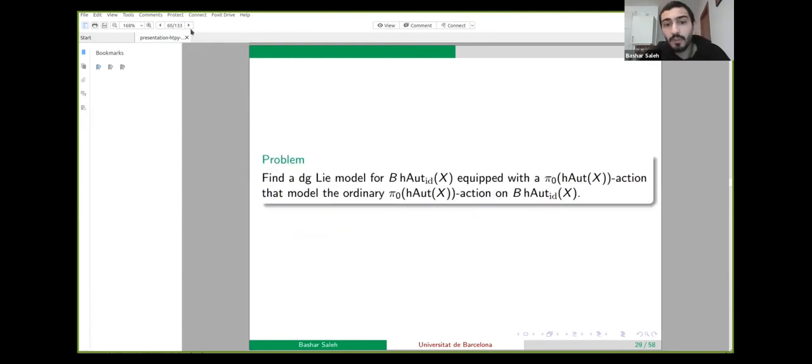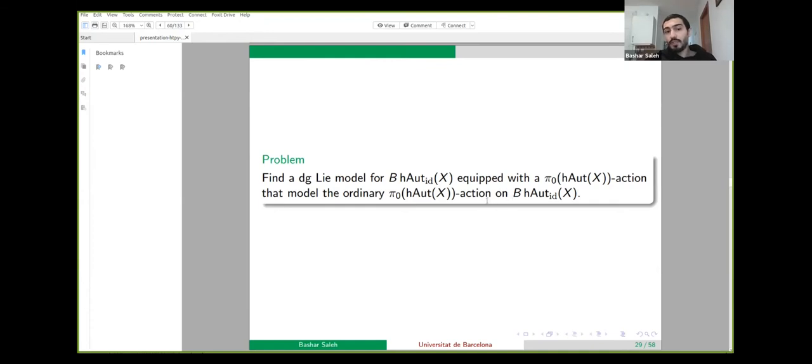So an open problem is to find a DGL model for the universal cover of the classifying space of the homotopy automorphisms of X, equipped with an action of the group of components of the homotopy automorphisms of X, which models the ordinary action of this group on this space.